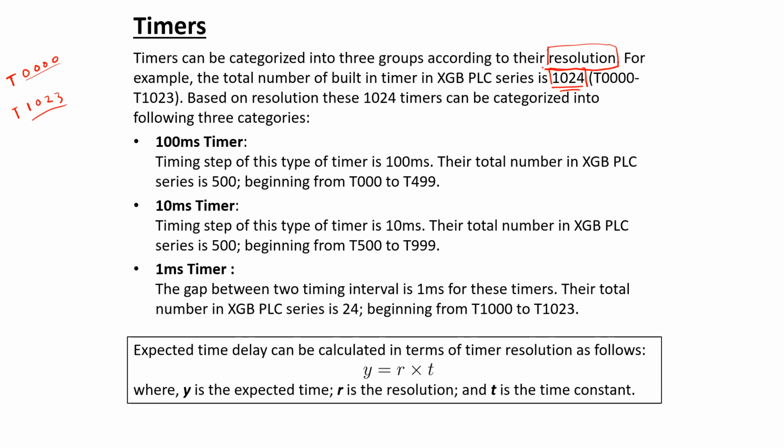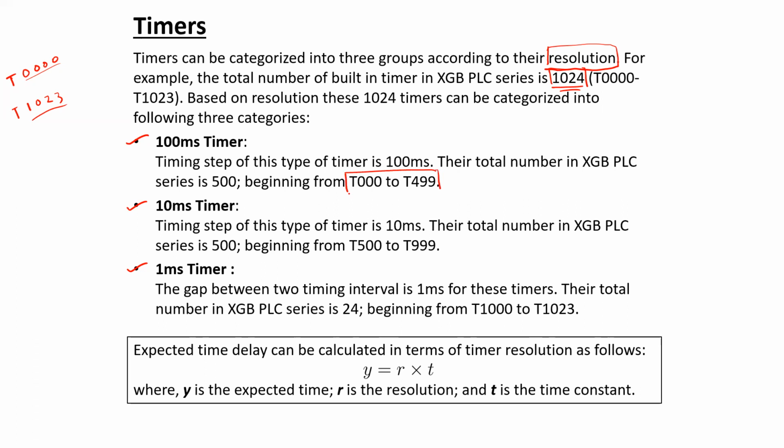Now resolution, or you can say the step size, is how much delay will be generated in each step. Based on that resolution, there are 3 categories: 100 millisecond, 10 millisecond, and 1 millisecond. 3 different categories of timers can be there, and the respective addresses of each type of timer are given over here.